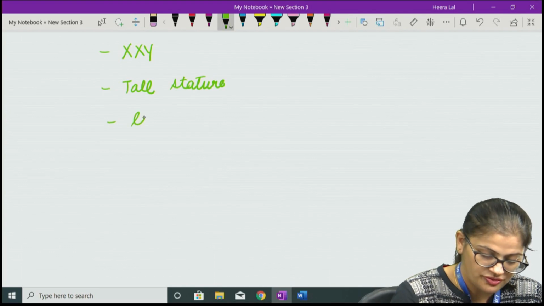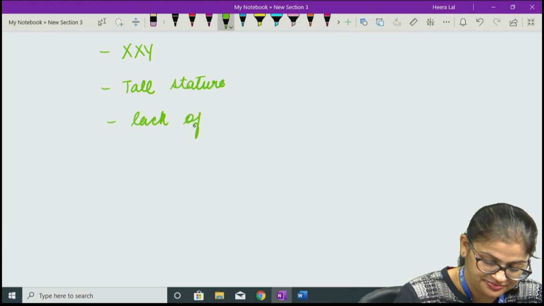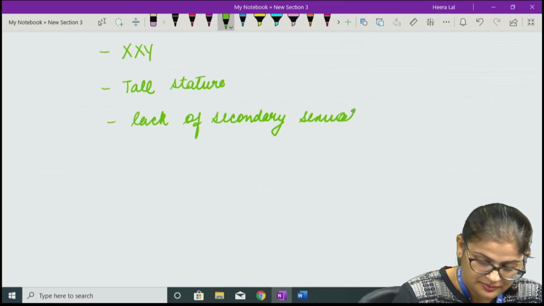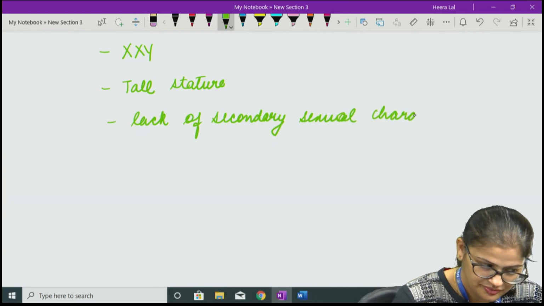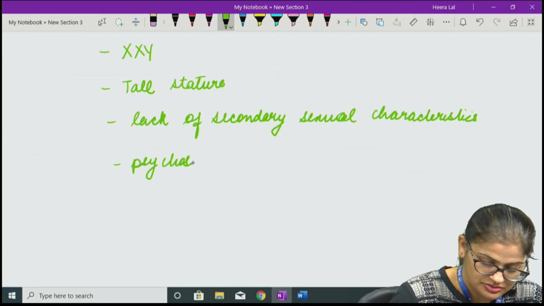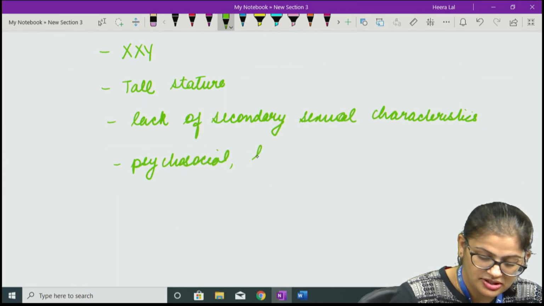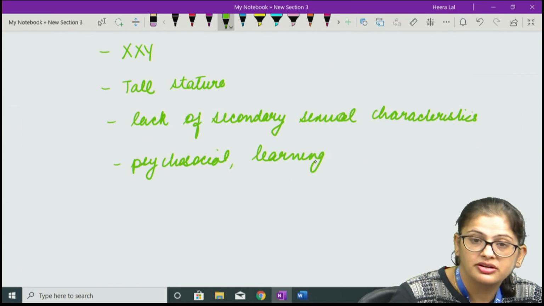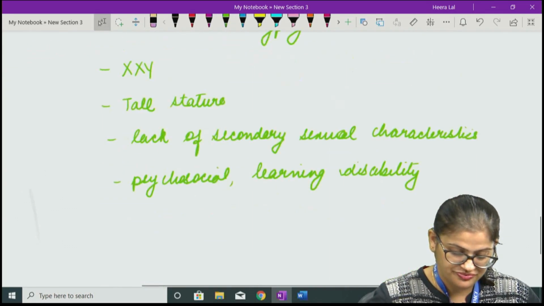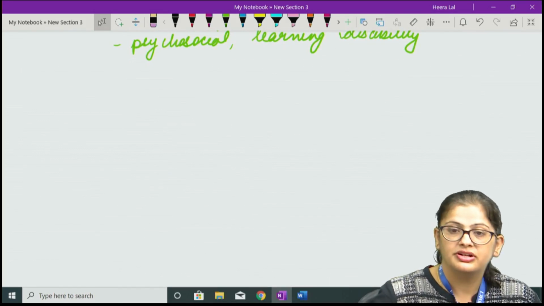So there is lack of secondary sexual characteristics. And there are psychosocial and learning disability also that are seen in this condition. So this was about Klinefelter's syndrome.